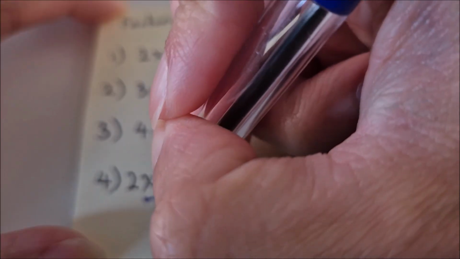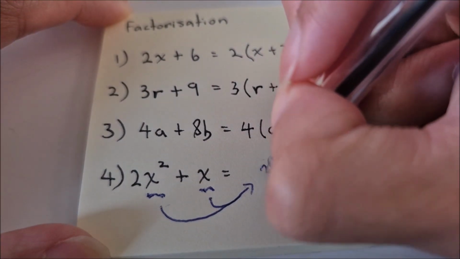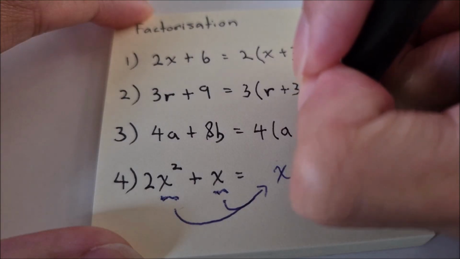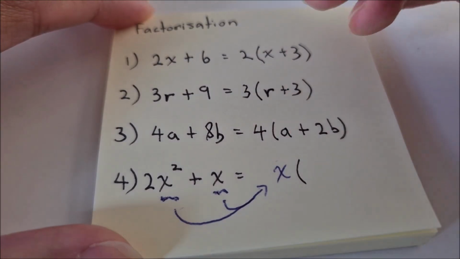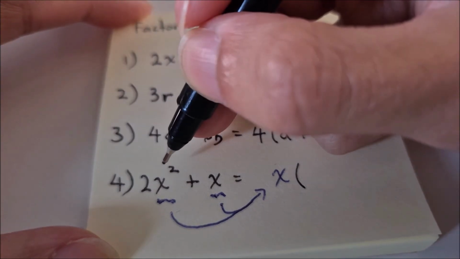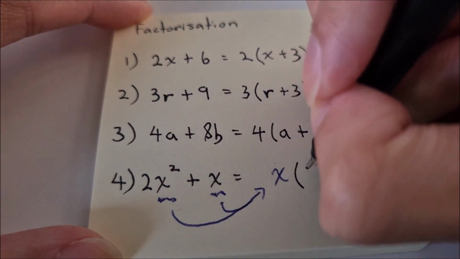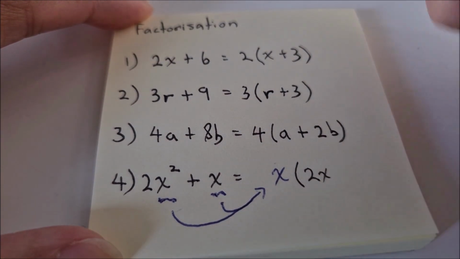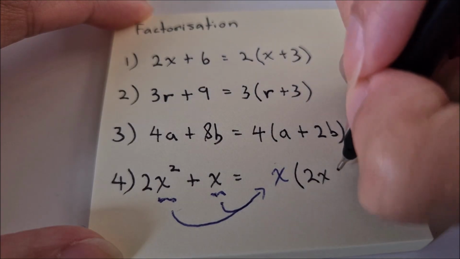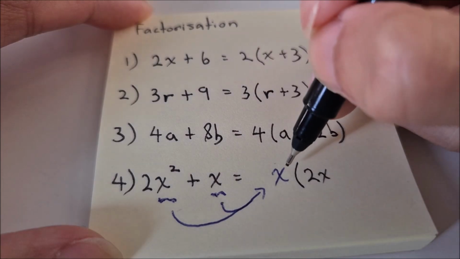So that's the multiplier here. x, and then the bracket comes next. What would I need to multiply x by to get 2x squared? Well, that's just simply 2x, and then we have an x here, and we have an x here.